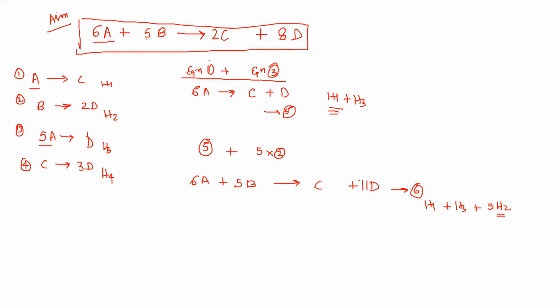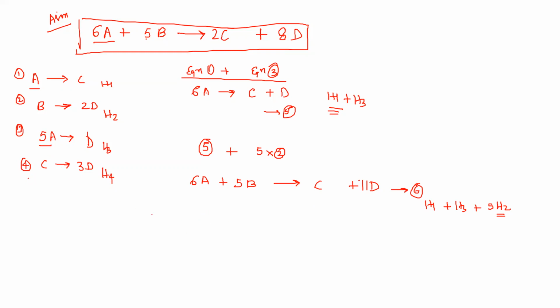And then finally, we have got the LHS, but we have not got the RHS of this reaction, right? So in order to obtain the RHS, we have to manipulate the 4th equation in some way. Since C is not in the LHS and is only in the RHS, we have to subtract.